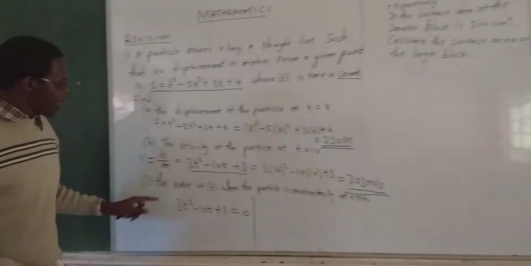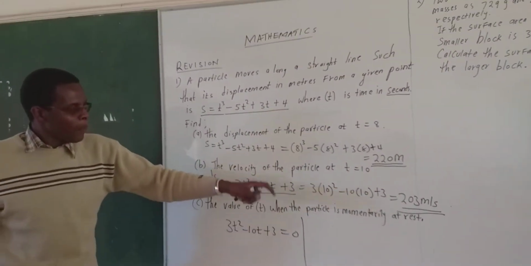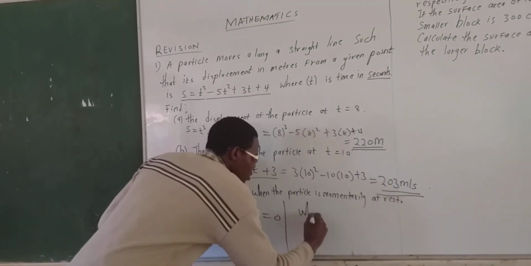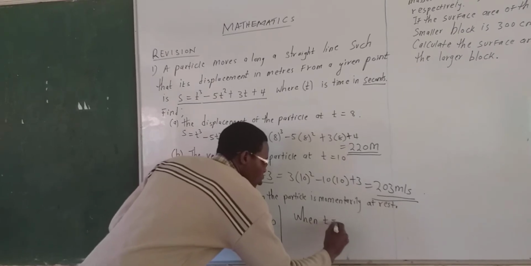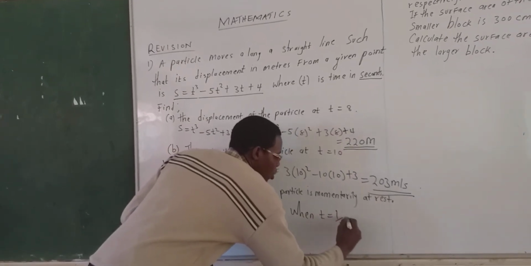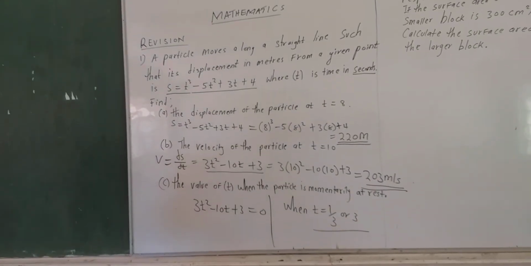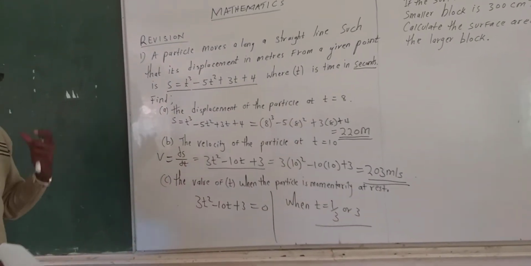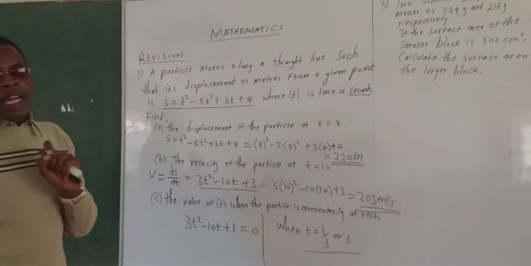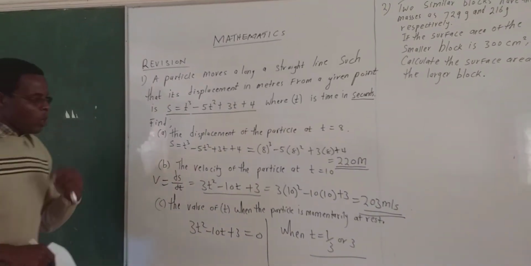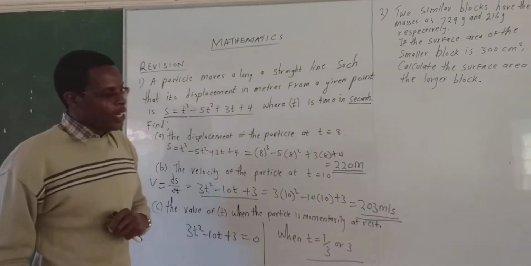Therefore, the value of t when the particle is momentarily at rest is when t is equal to 1 over 3 or 3. These are the two possible values of t when the particle is momentarily at rest.